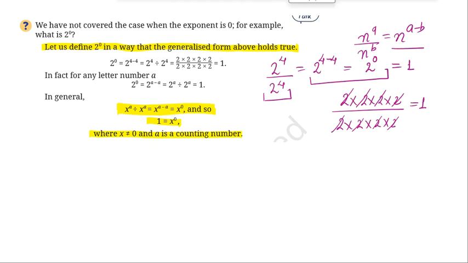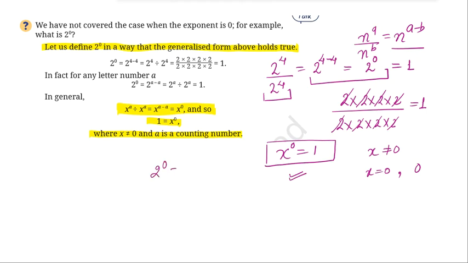Any term having a power of 0 is always equal to 1, such that x should not be equal to 0. But in all other cases, when you have a counting number whose power is 0, the result is always 1. 2 to the power of 0 is 1, 3 to the power of 0 is 1. Anything to the power of 0 will always be equal to 1.